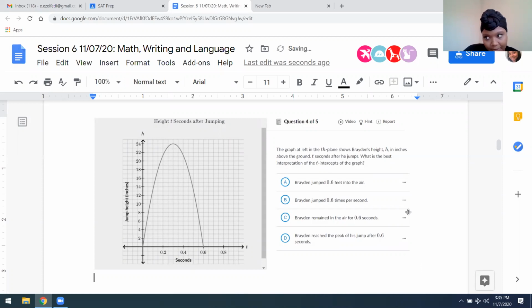So we just covered intercepts, so you guys kind of know what intercepts are. If it intercepts the T-axis here, that means that the H-axis must equal blank.